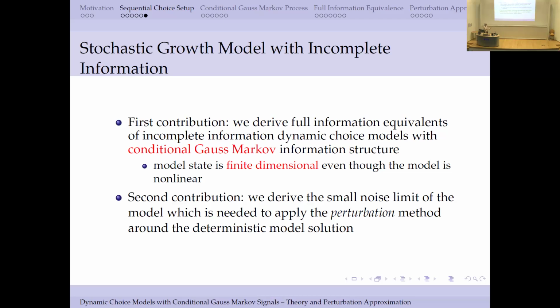So apply our favorite approximation techniques to this full information equivalent, provided we have established that it is in the right form to use those approximations. Our first contribution is to give you the full information equivalent and show that it is finite dimensional under this conditional Gauss Markov structure. And the second contribution will be to check that you can plug this into Dynare, that this actually has the right form for the perturbation methods to apply.